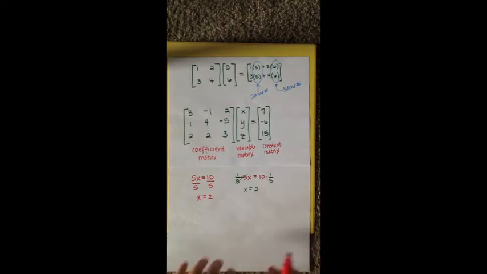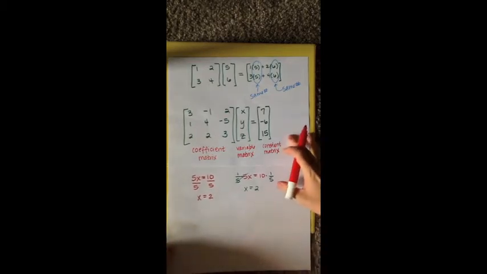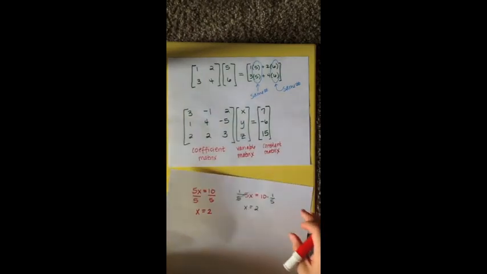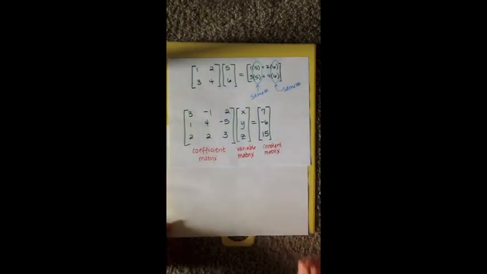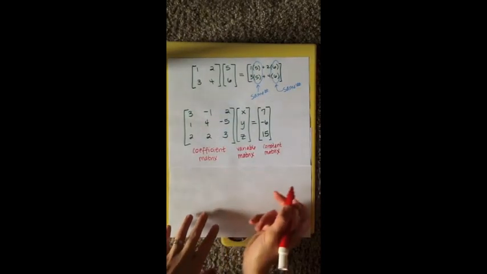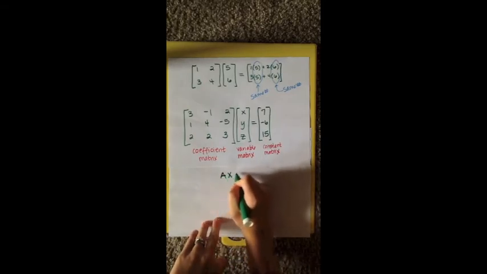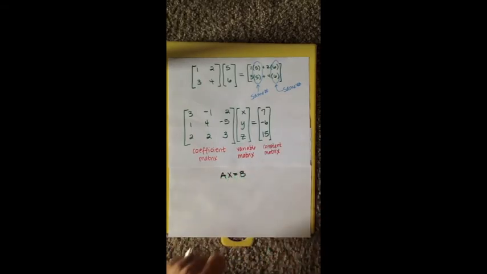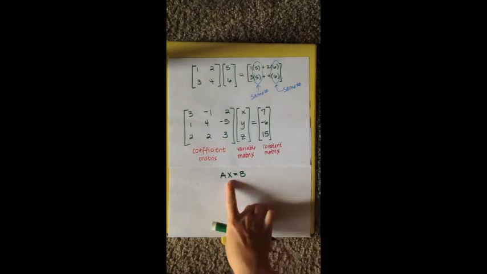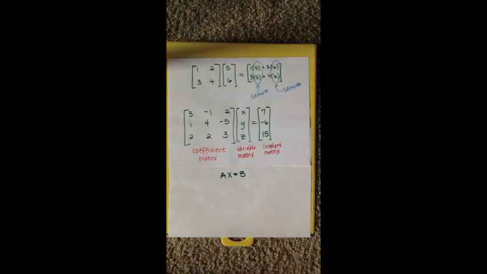So let's look at our general matrix equation for solving systems. And slide that underneath. So the general equation is AX equals B. X is your variable matrix, A is your coefficient matrix and B is your constant matrix.